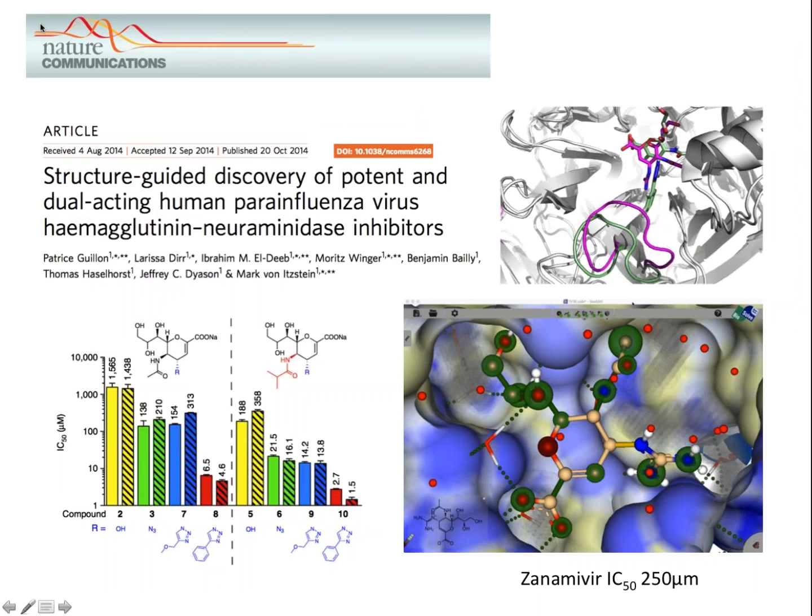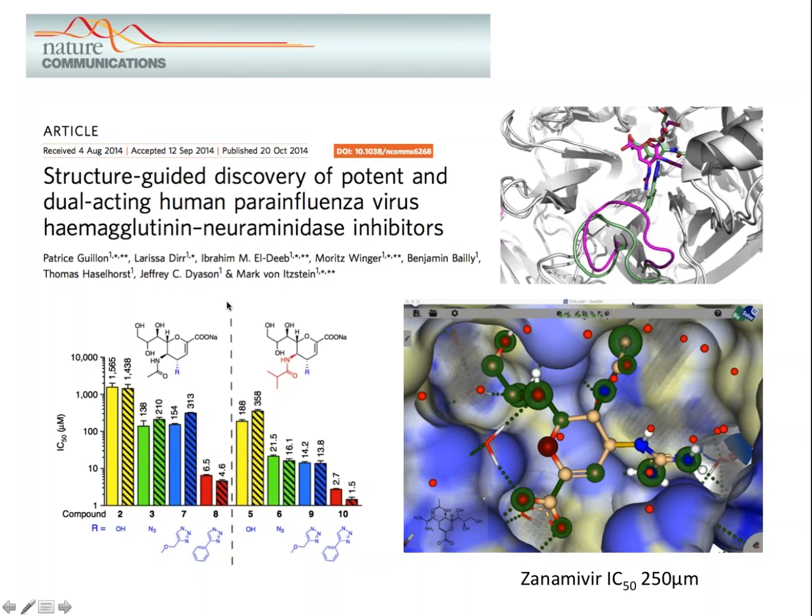The same group recently published a paper and have another success story to report, and it's about how they designed a potent inhibitor against parainfluenzavirus hemagglutinin neuraminidase. The idea was, this is actually a very difficult target because of the broad binding site.